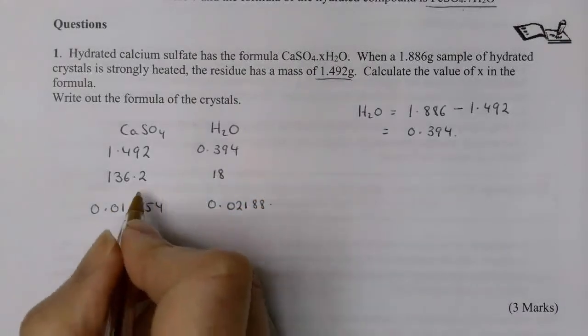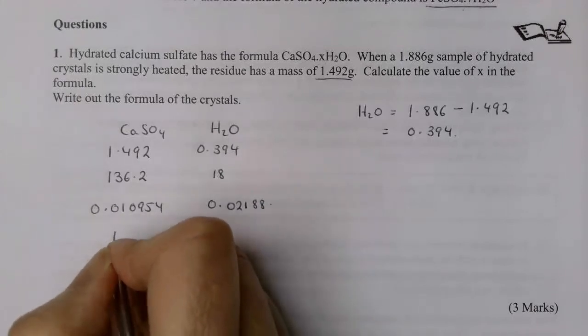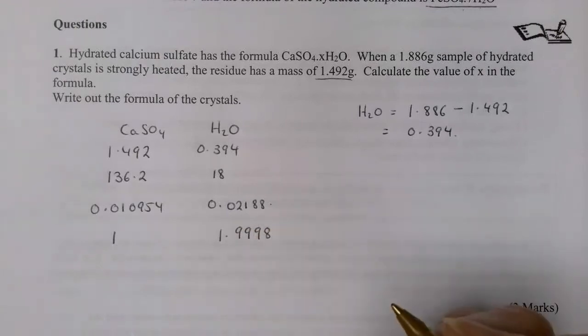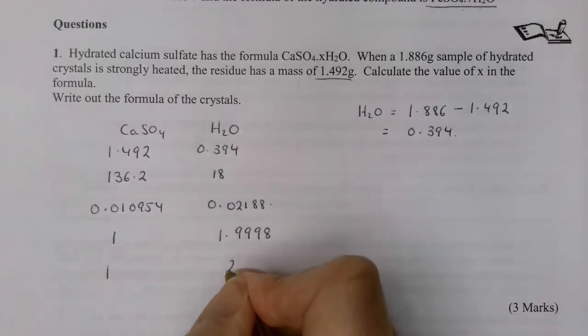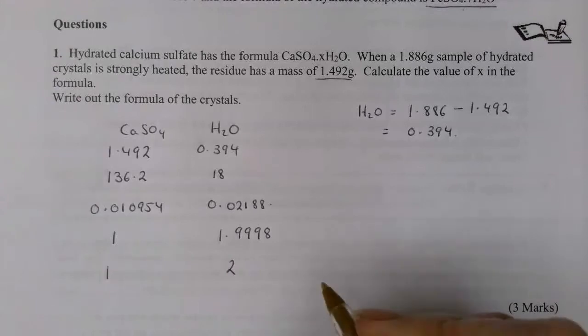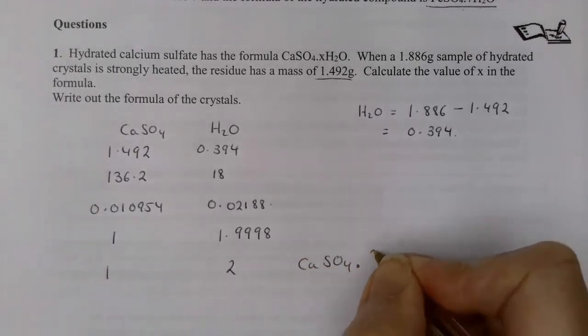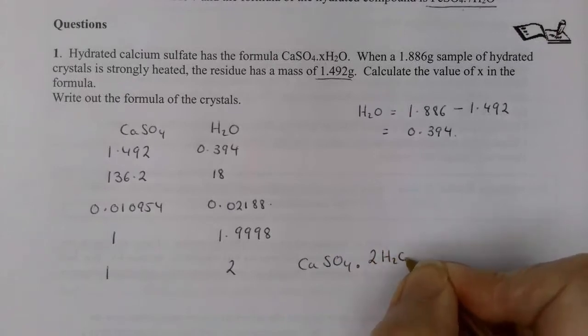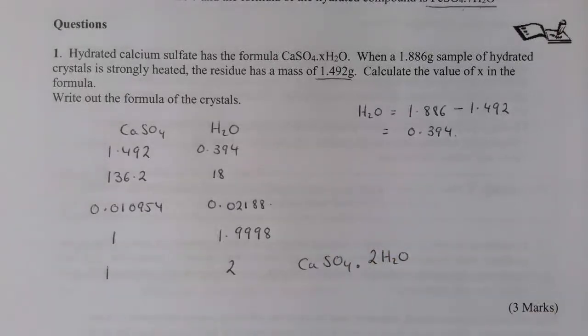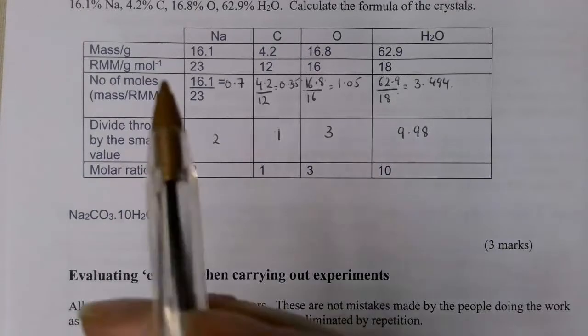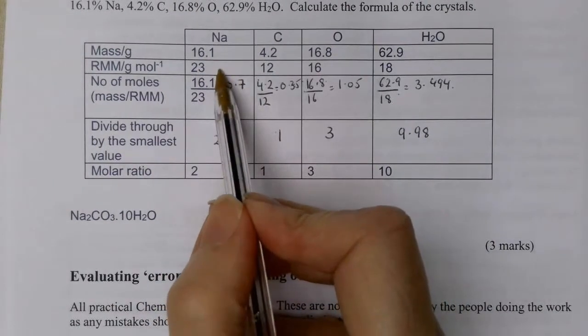Dividing through by the smallest, which is this one, I get a 1 to 1.9998 ratio. In other words, I've got a 1 to 2 ratio. So the formula is CaSO4.2H2O.